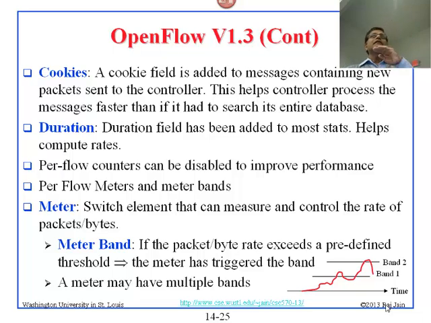And then there is a band setup. There would be more than one band setup. So this is band 1, this is band 2, band 3, band 4, you could have any number of bands. If the band is crossed, then there is an action. The action could be as simple as throw it away, or start counting and charge him at a higher rate.